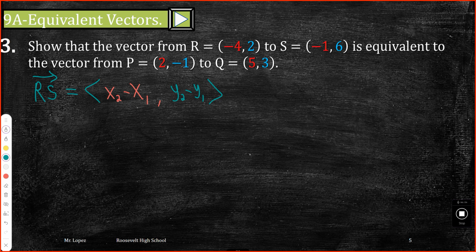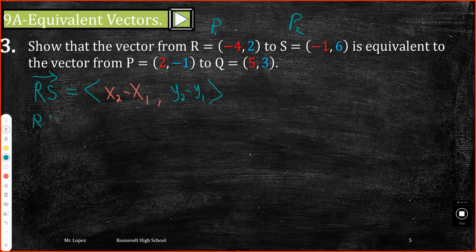What's negative 4 minus? Hold on, x2. This is point 1, this is point 2. So let's go step by step.